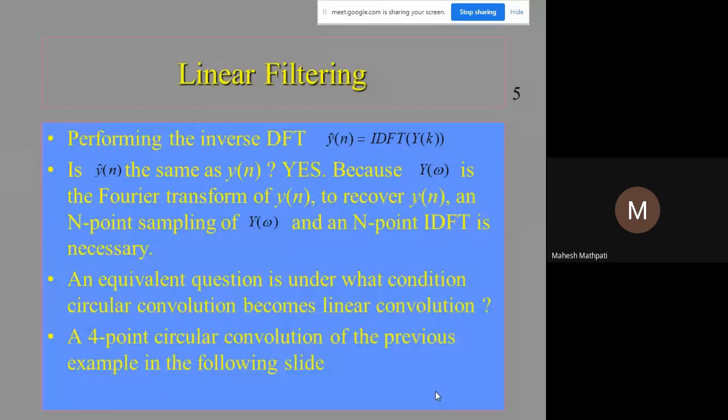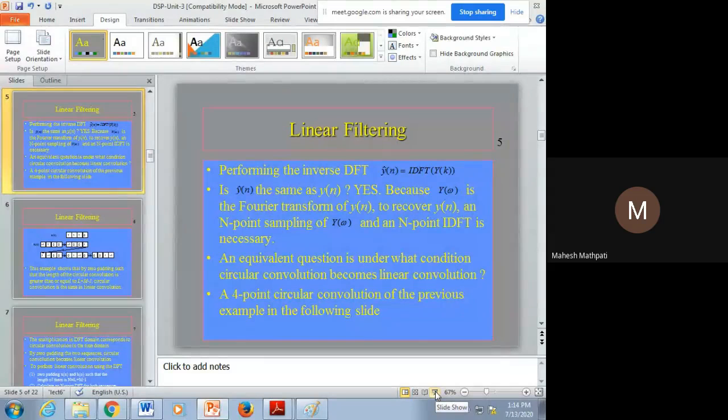Let me give you 1 or 2 minutes. Just do that example as circular convolution. Please everyone do this, and if you have any question, please ask the questions, so it will be more helpful for you people.